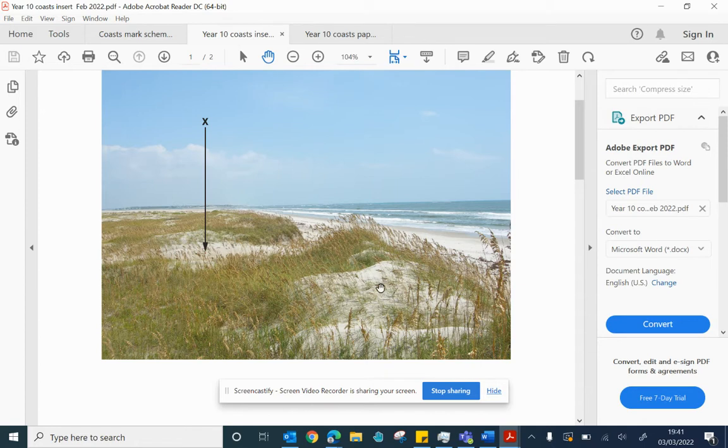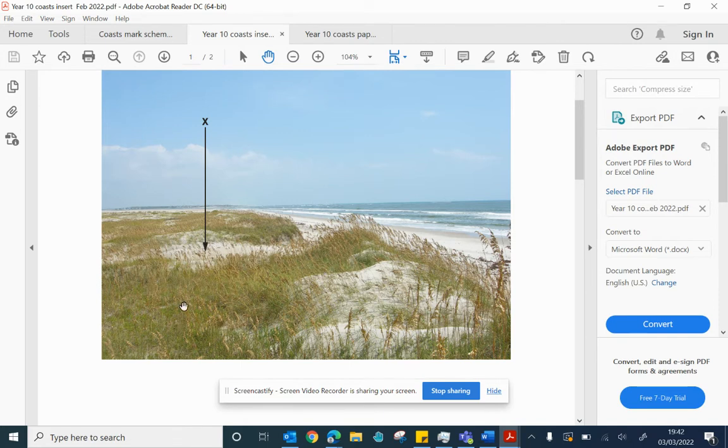So the first thing is that there is a significant amount of vegetation in the photograph. And if you can possibly identify, it's actually marram grass. And we talked about marram grass in lessons as a type of plant which can adapt to these rather harsh conditions. But all it's asking is for you to describe.